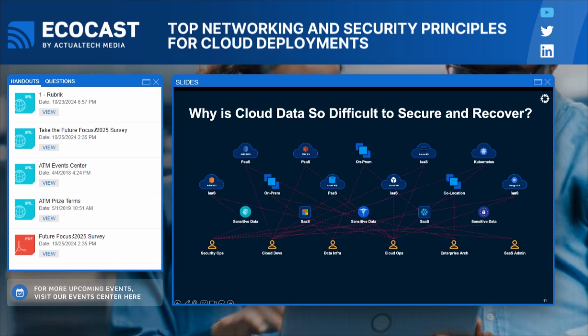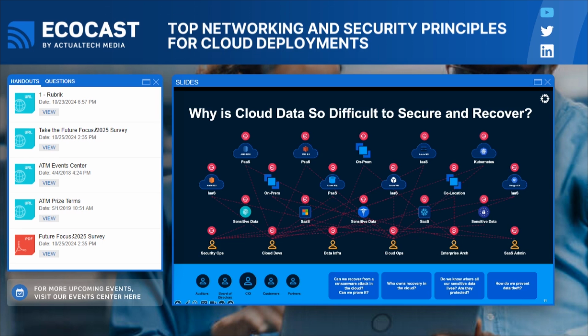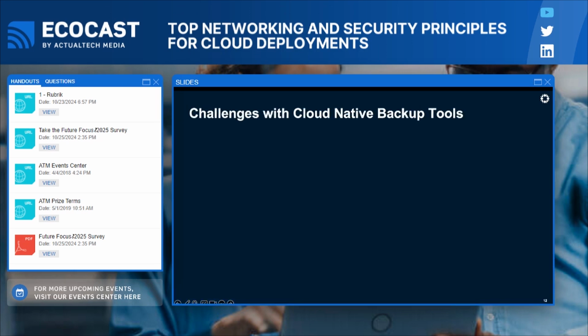So it becomes really difficult to uniformly understand if something happens in your environment, let's say a ransomware attack, can we even recover from ransomware across all of these environments? And can we actually prove that out? How do we make sure that this is effective when that time inevitably happens in our environment?